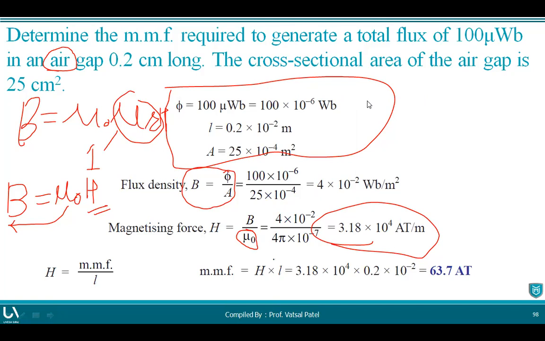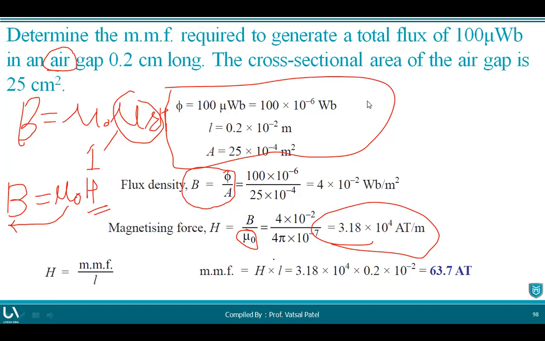That is the constant component that will always be there, whether you are considering the iron core material or the air gap. In the air gap, the relative permeability is equal to 1, and if you are using any magnetic material, in that case the mu r has some value.